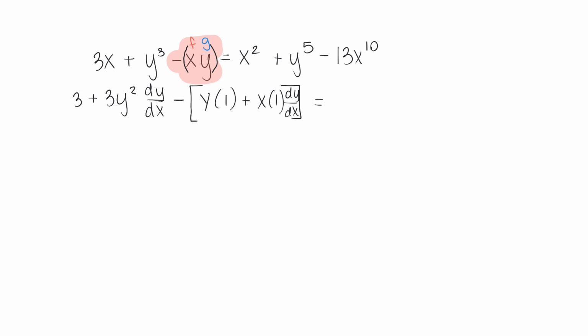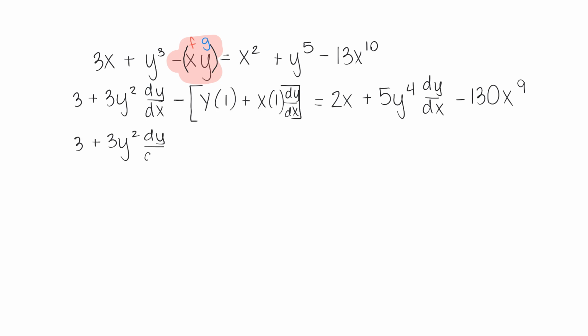Equals the derivative of x squared, which is 2x. The derivative of y to the 5th is 5y to the 4th dy/dx. Minus the derivative of 13x to the 10th, which is 130x to the 9th. Oh, brother. Okay, let's real quick clean this up. So I'm going to really just kind of rewrite this beginning part.